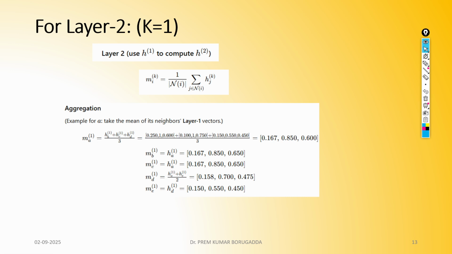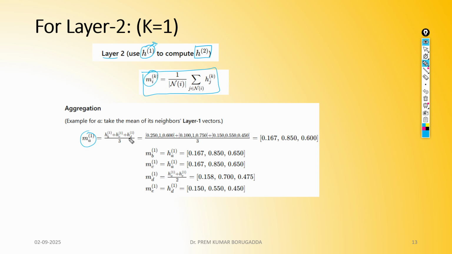For layer 2, we use H1. The H1 values were calculated in the previous slide. We are going to use these H1 values to compute the H2. So this is the formula for the same. In this formula, here we are going to take the calculated MA of 1.